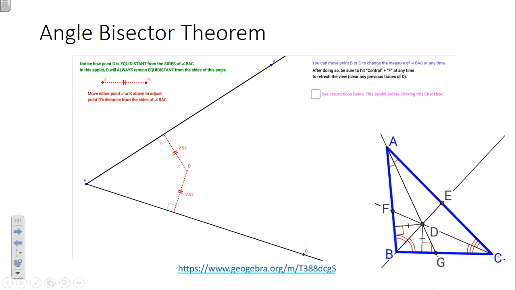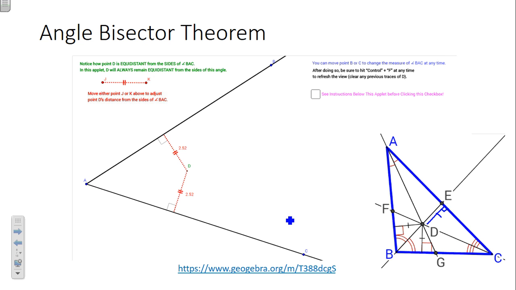So here are our angle bisectors. They have cut these angles into 3 equal parts, and they meet at this point D. From D to the side of the triangle is the same distance as D to this side of the triangle as it is to D to this side of the triangle. These are all the same length.